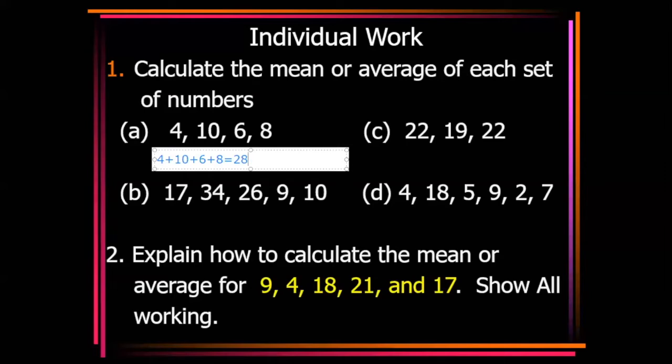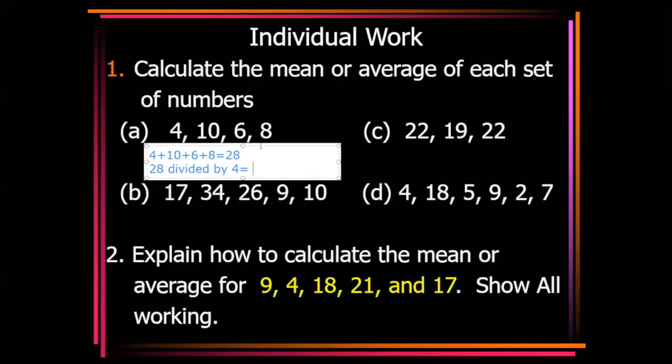We get the sum, the sum is 28. What is step 2? Divide. What am I dividing? Yes, 28 divided by 4. Okay. So now, what is 28 divided by 4?